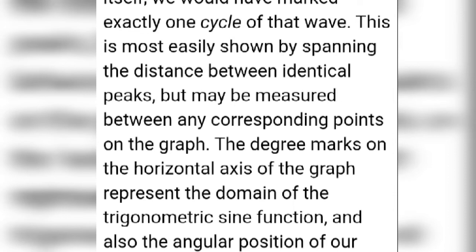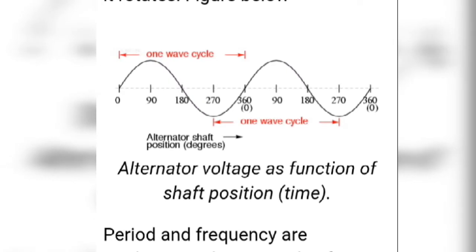This is most easily shown by spanning the distance between identical peaks, but it may be measured between any corresponding points on the graph. The degree marks on the horizontal axis represent the domain of the trigonometric sine function and also the angular position of our simple two-pole alternator shaft.